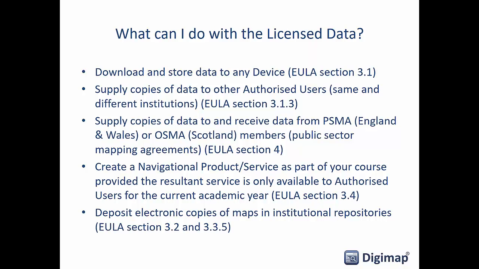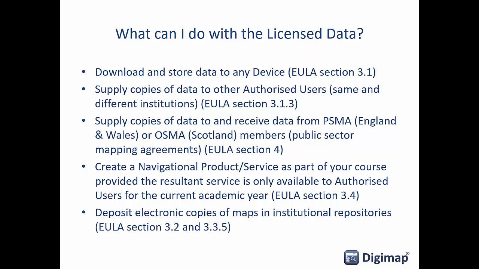You're entitled to supply copies of data and receive data from organisations which are members of either the Public Sector Mapping Agreement in England and Wales or the One Scotland Mapping Agreement in Scotland. Section 4 of the EULA gives you more detail about the reciprocal data sharing rights.